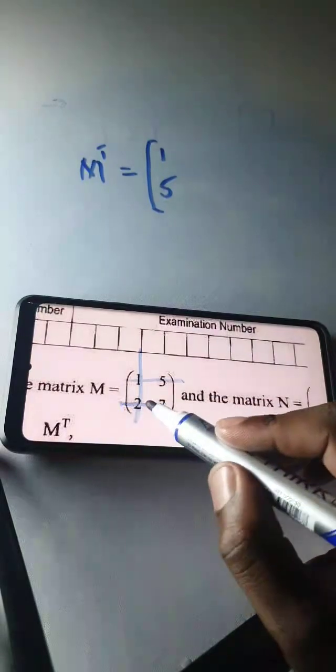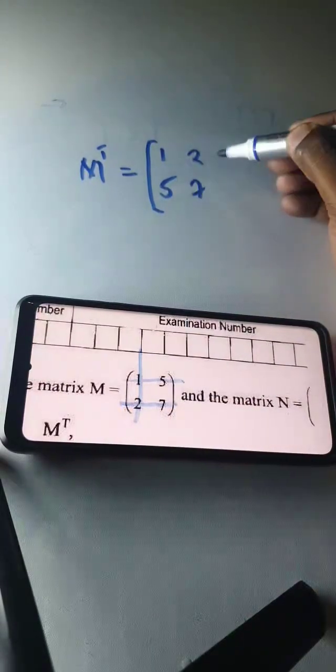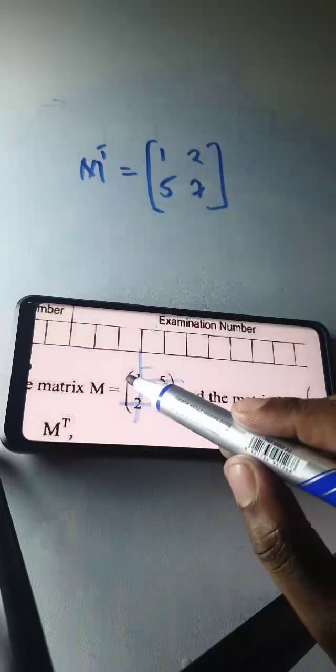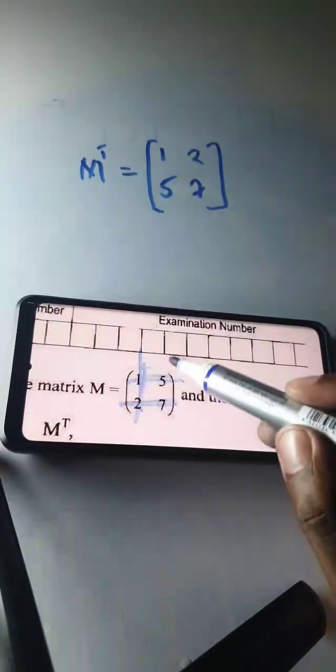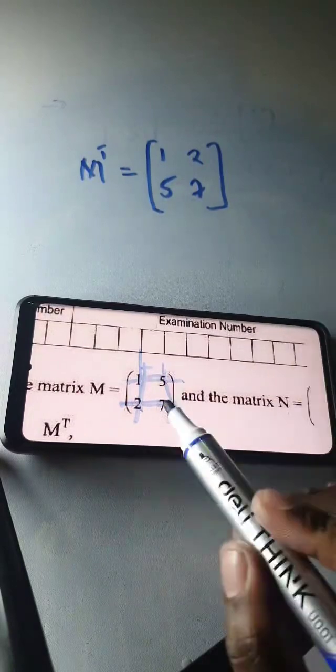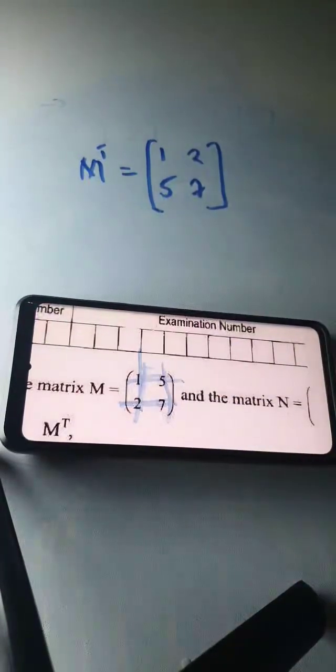The second row is 2, 7, and it will become 2, 7. That's how we transpose. The first row became the first column, the second row became the second column.